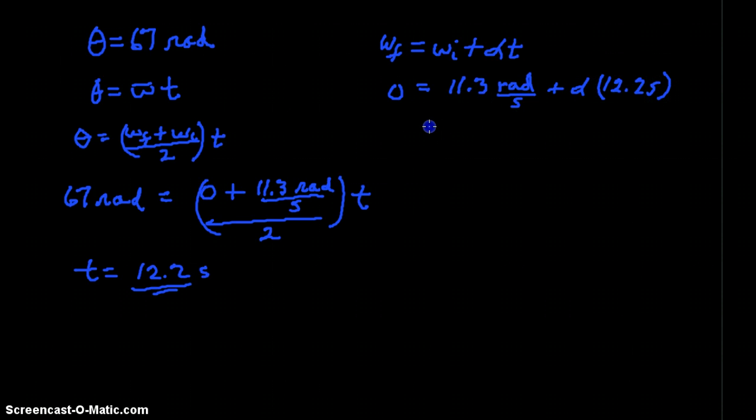So again, alpha is going to be negative 0.90. When you solve this equation, you'd be dividing the 11.3 radians per second by 12.2 seconds. So you get seconds squared.